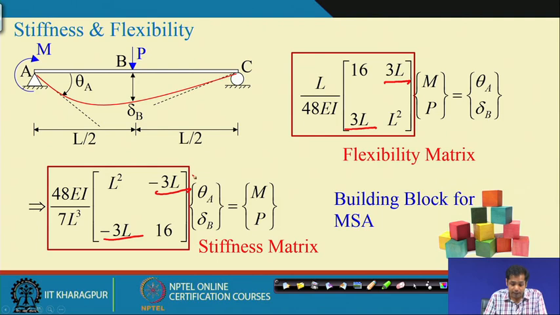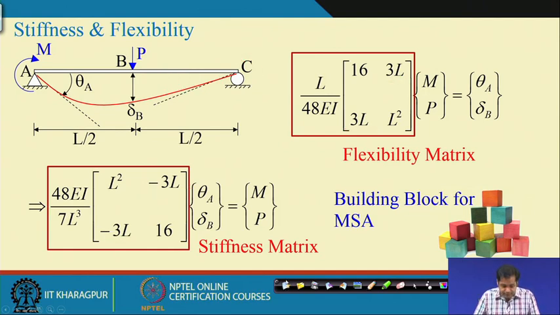But if you apply another force here, and if we consider the displacement at this point also, then we have 3 displacements, and the stiffness and flexibility matrices become 3 by 3 matrices. So, the size of the matrix depends on how many forces or displacement components we are talking about, or in a way, how many degrees of freedom the object has. Depending on that, we have different sizes of these matrices.